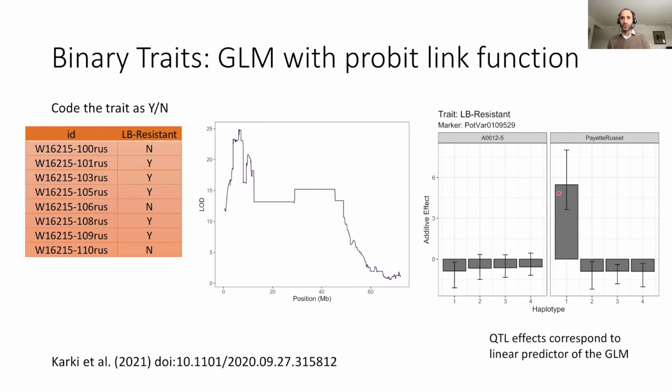It has this large positive effect, meaning that it's increasing the predictor of the GLM model towards a yes or resistance in this particular example. So the interpretation of the y-axis when you have a binary trait gets at how generalized linear models are handled. In this case, we're using a probit link function.